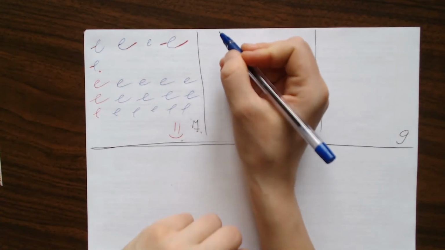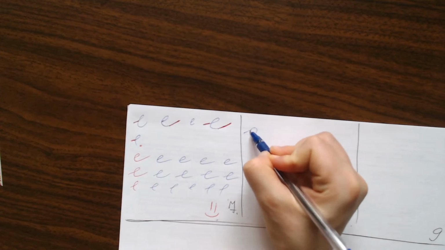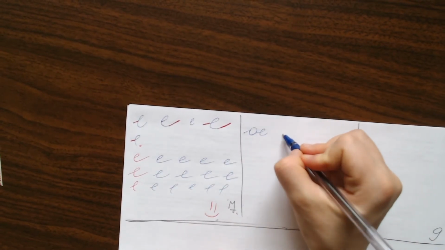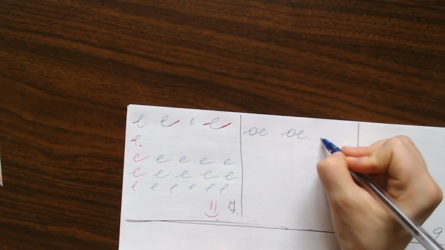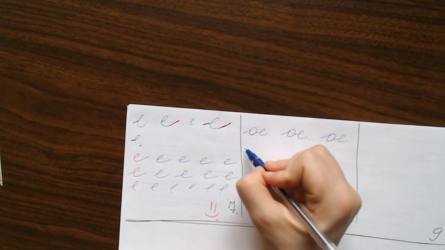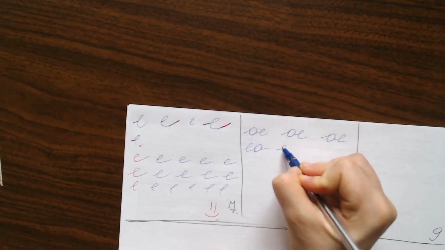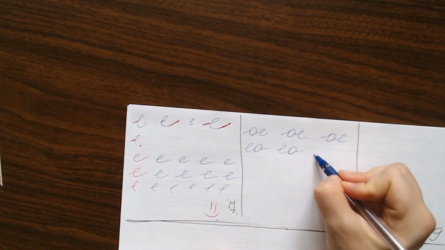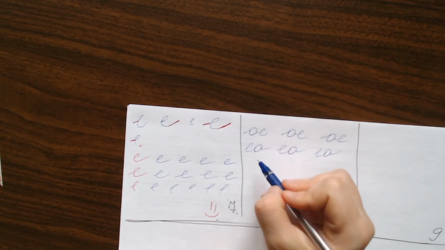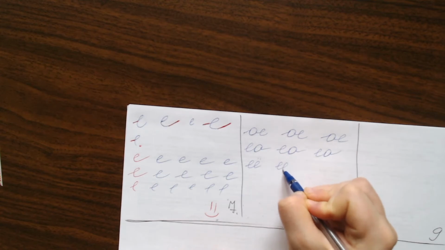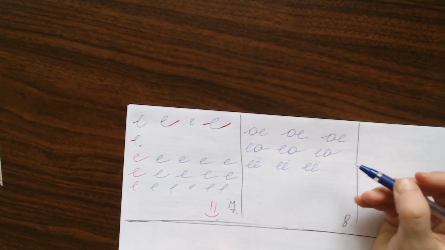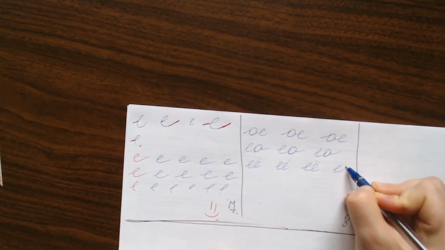And now it's again about the connections, as we already know the letter O. So let's write these two letters together. Oh yeah, and O. And pretend that both of these letters are in the center of the word.